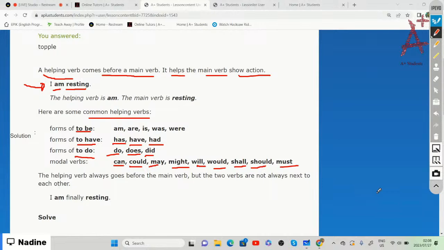I am finally resting, right? Which means that finally is in between the helping verb as well as the main verb. I am finally resting. And these two are not next to each other, which is am, the helping verb, and resting, which is the main verb.